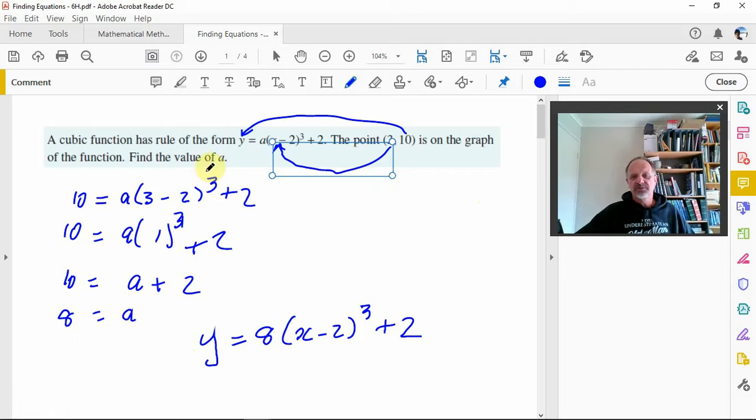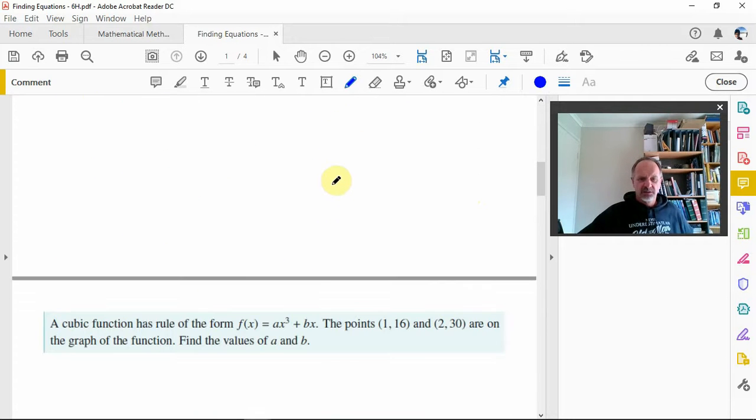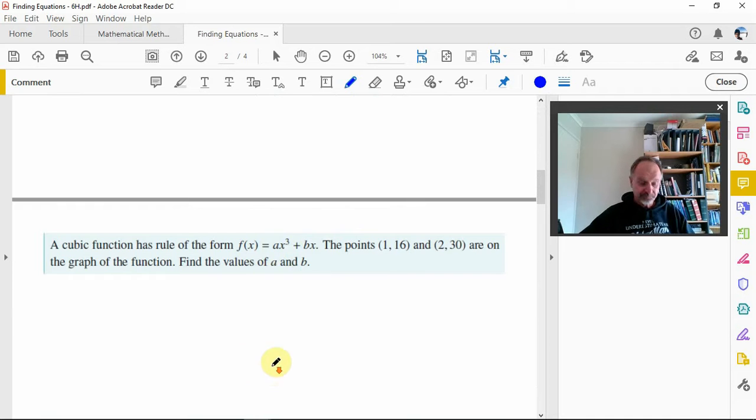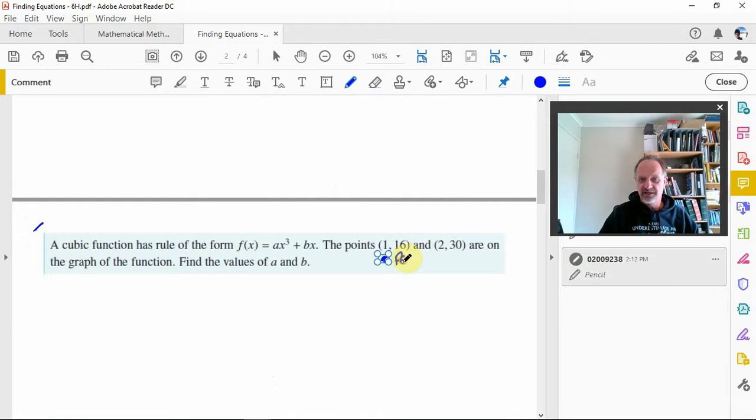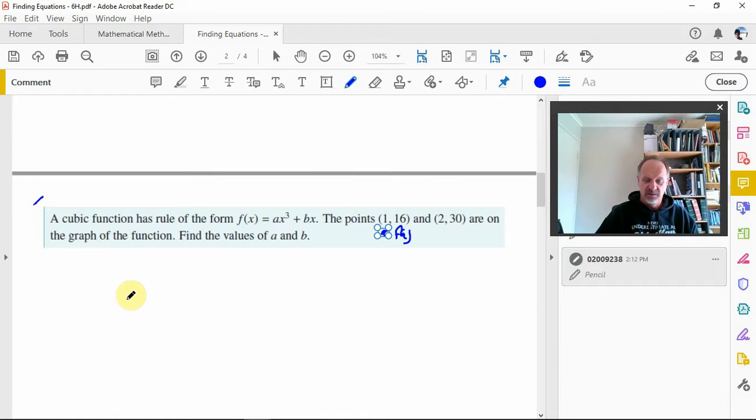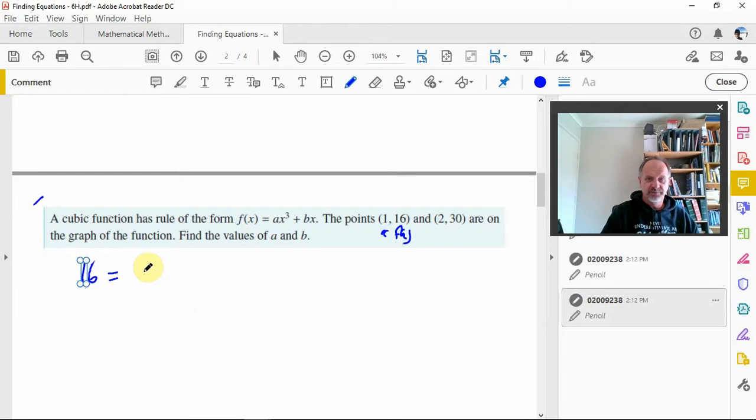All right, so sometimes we're given a form. So we'll look at the next one. Again, we're given a form. But this time there are 2 things we don't know. And because there are 2 things we don't know, there are 2 points we're given. So we do the same kind of thing as before. When x is 1, f of x is 16. So 16 is equal to a times 1 cubed plus b times 1.